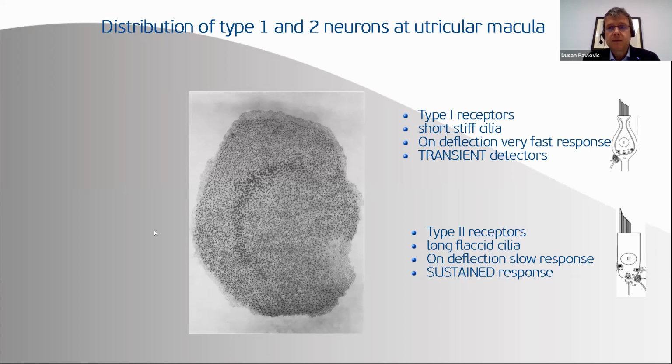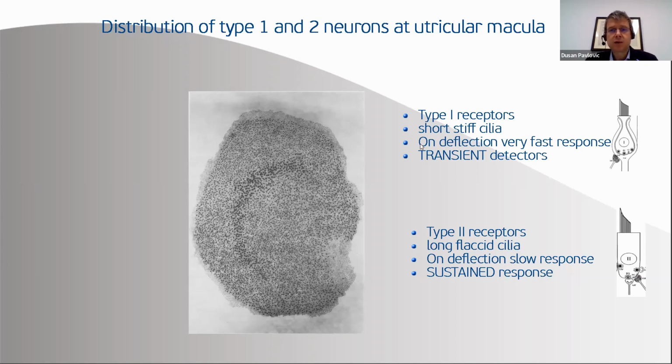And here, just to remind you how the utricle looks, at the middle part we have the striola, and the striola is full of type 1 receptors. Type 1 receptors have short, stiff cilia, and on deflection they react very fast.